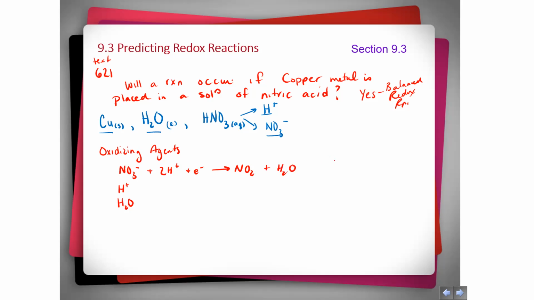So you should find this, and this has an electron potential of plus 0.8 volts. The H plus, this one is always the 0 one.